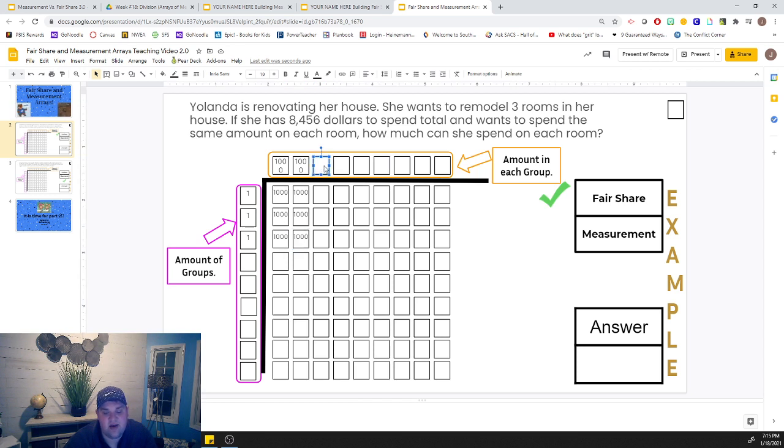If I give $500 now, I have 1,000, 2,000, 3,000, 4,000, 5,000, 6,000, 6,500, 7,000, $7,500 in my array and 2,500 in each room. Now I'm going to give $300 to each room.